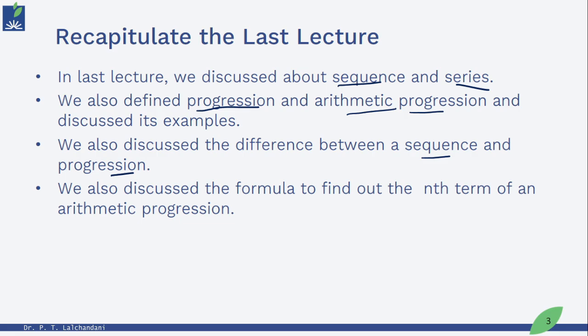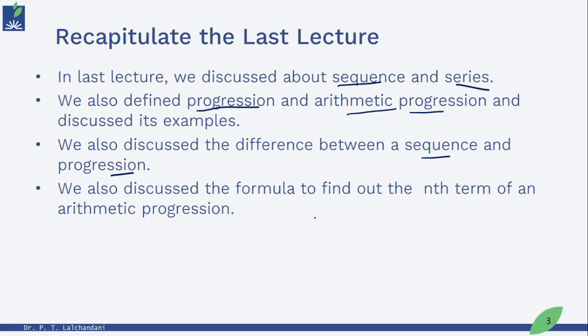We discussed a counter example also: the sequence of all the prime numbers. It is a logical rule, but it is not a progression, as we cannot have any general formula to find the nth term of the sequence of prime numbers.